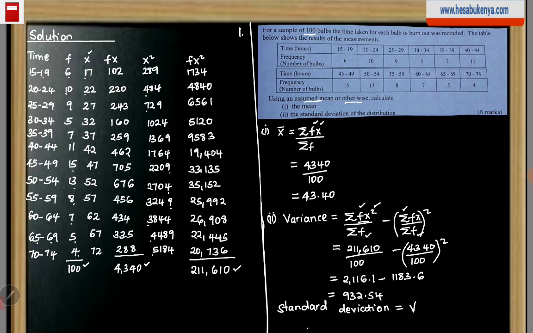So we need to get the square root of variance, which is equal to the square root of 932.54, which gives us 30.54.